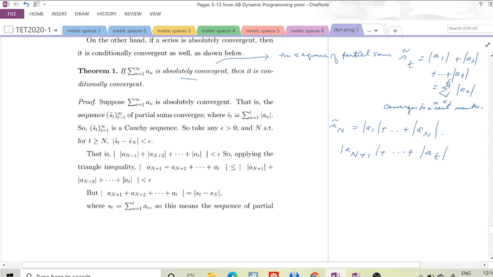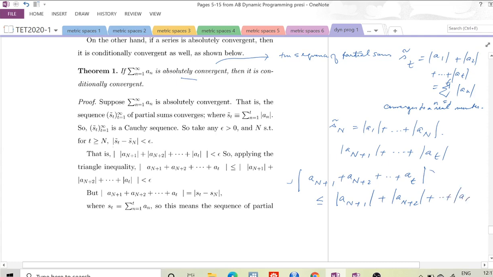So now notice that I can apply a triangle inequality. I'll remove these absolute value signs and I'll add these terms from an plus 1 to at. And I'll ask, what is the absolute value of this, right? So by the triangle inequality applied several times, that's just less than or equal to, and you know that this is true, right?